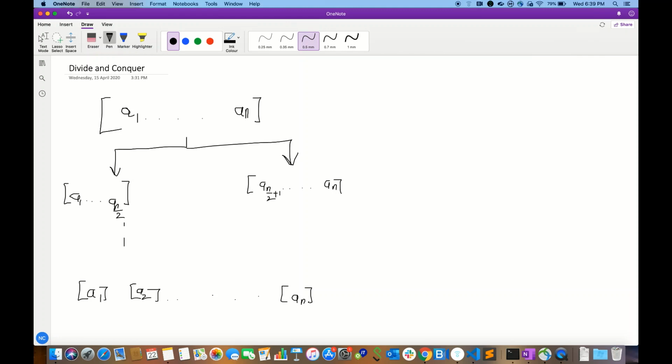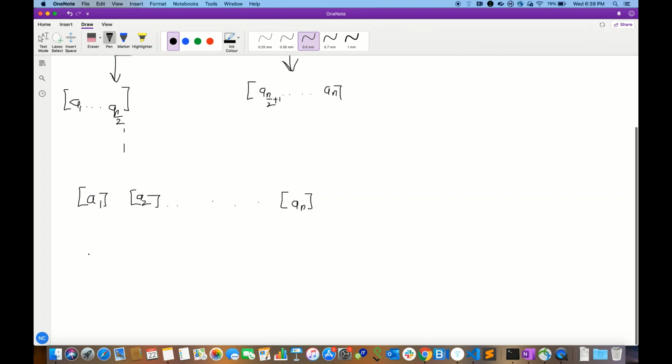Now let's look into a problem regarding the divide and conquer algorithm. You might have heard of polynomial multiplication. Let me walk you through an example of that.